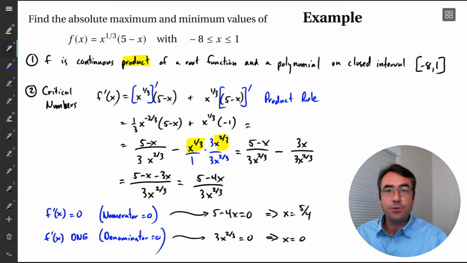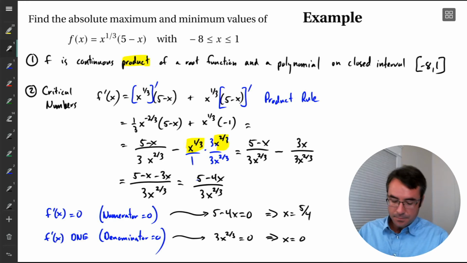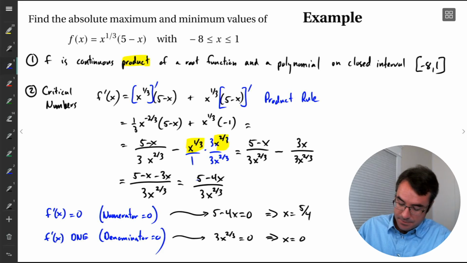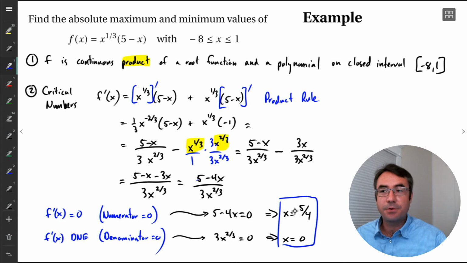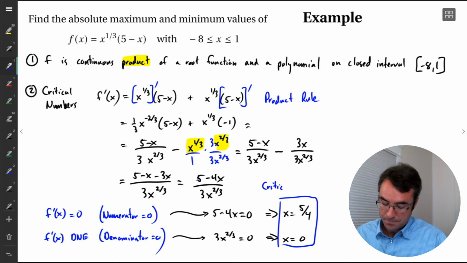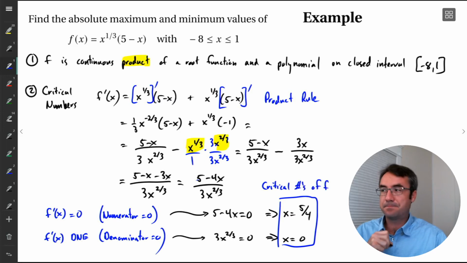So we actually get two critical numbers for our function, x equal to 5 over 4 and x equal to 0. So these are the critical numbers of function f. There we go, x equal to 5 over 4, x equal to 0.